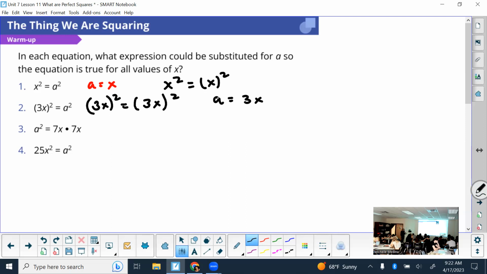Good. Okay. Table 5, what should I put for number 3 for the A? 7x. Here, let me just put that. Anyone disagree with that? Brian? Well, the squared is already here.